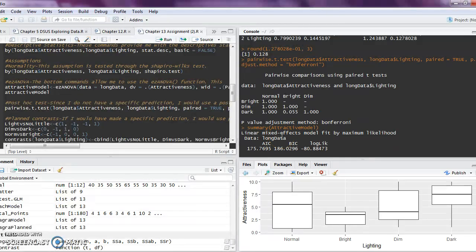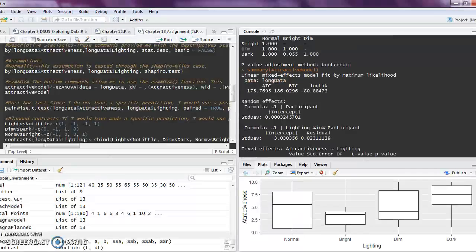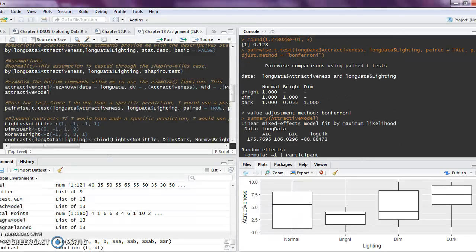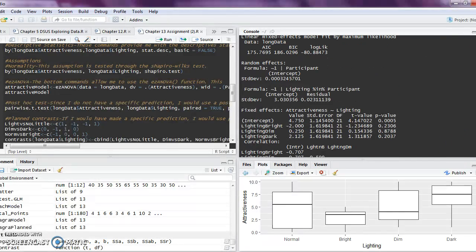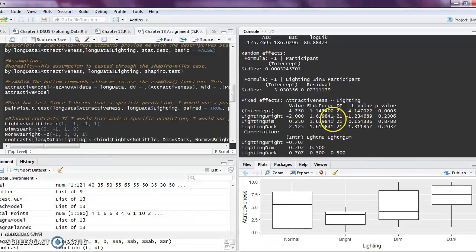So that's low-key cool. And this is just the summary of the attractiveness model here, with all this cool stuff. It gives us our t values and our p values. So as far as significance goes, nothing is significant, however.